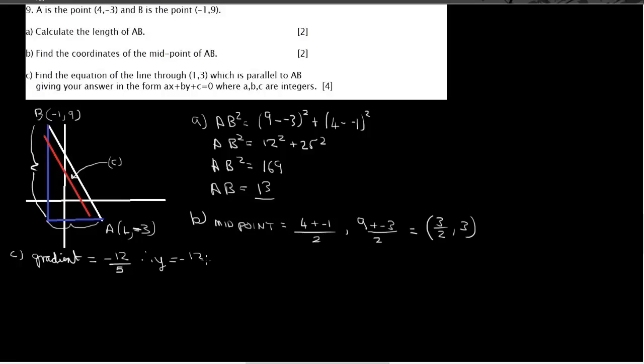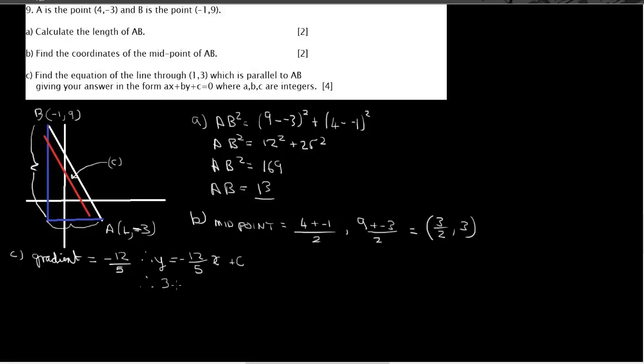So the gradient is minus 12 over 5. So we've got an equation for the line, which is y equals minus 12 over 5 x plus c. You see where we get minus 12 over 5 from.